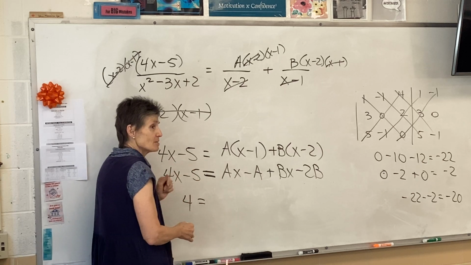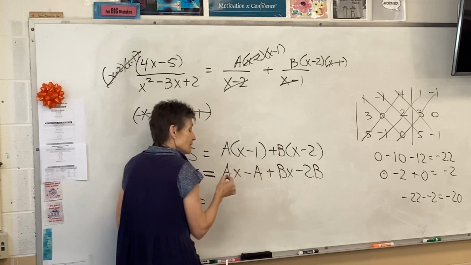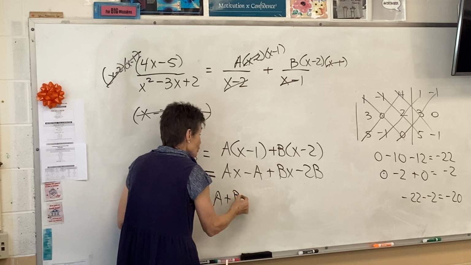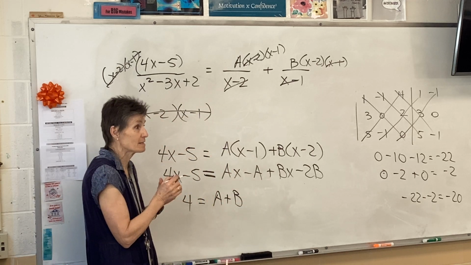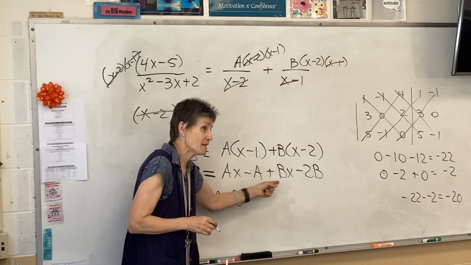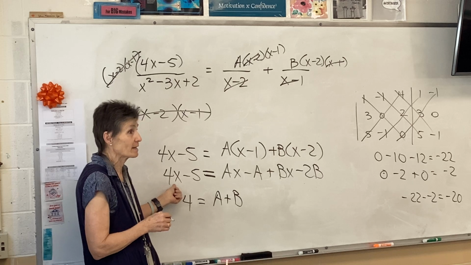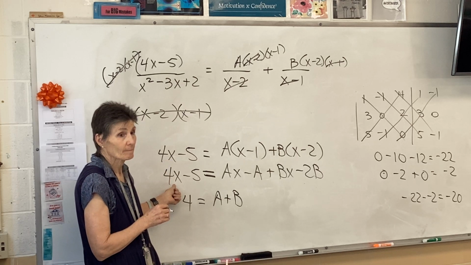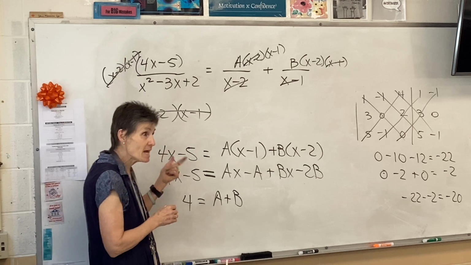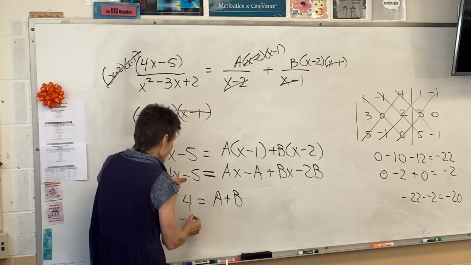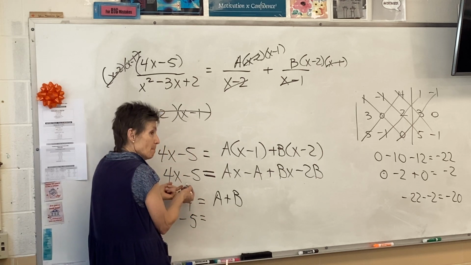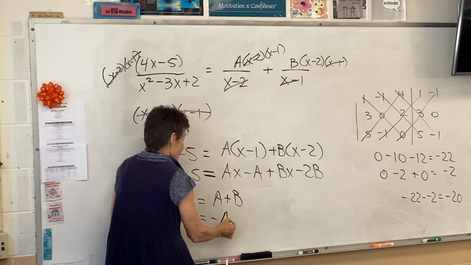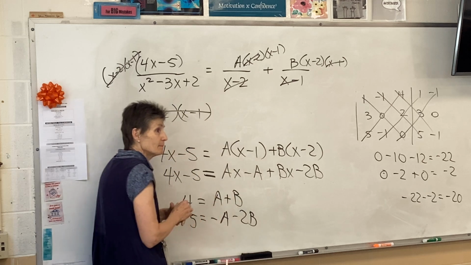How many x's are on the right? There's 2 terms with x's, but Ax plus Bx has to add up to 4x. So A plus B has to make 4. And the ones without x's, the plain numbers, negative 5 has to be equal to negative A minus 2B.